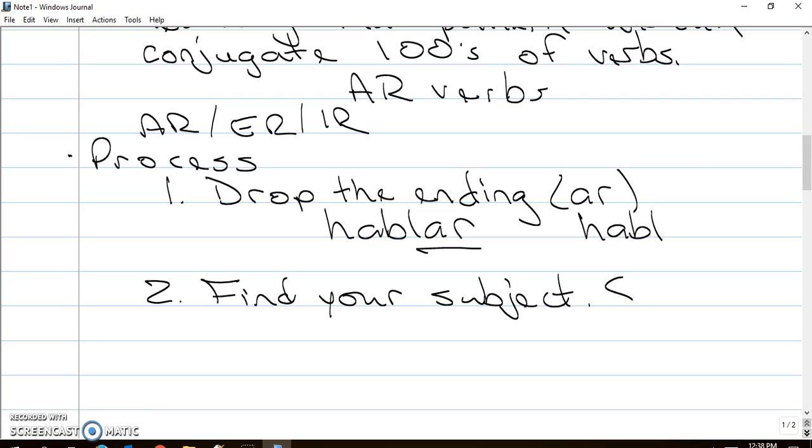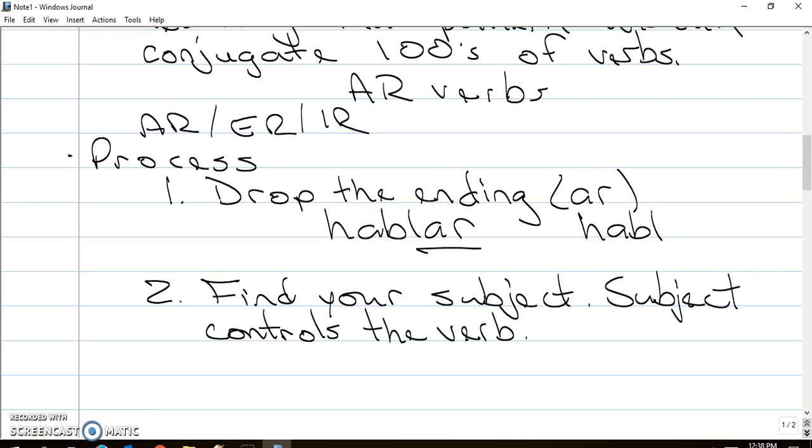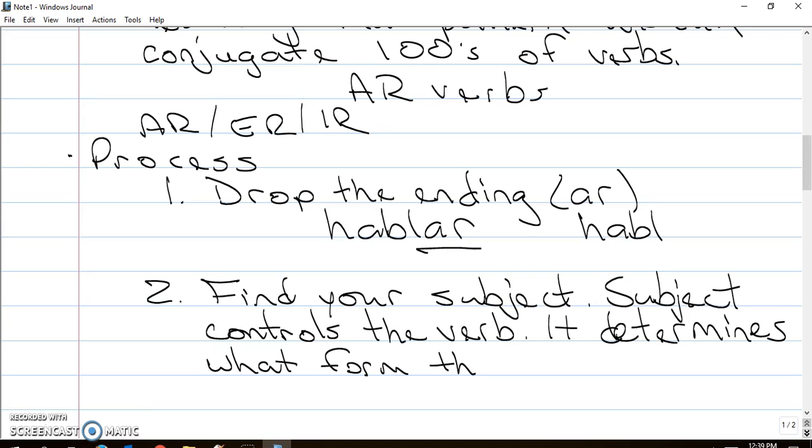The subject controls the verb. It determines what form the verb takes.